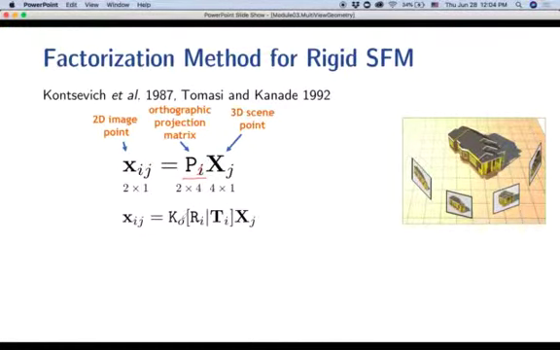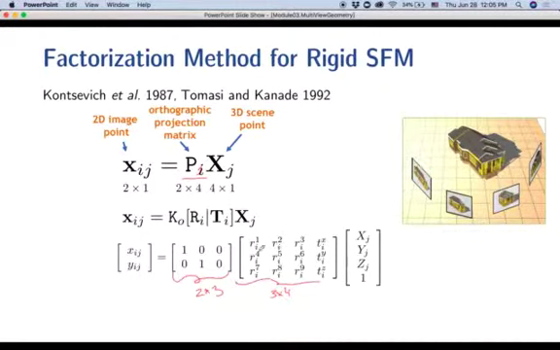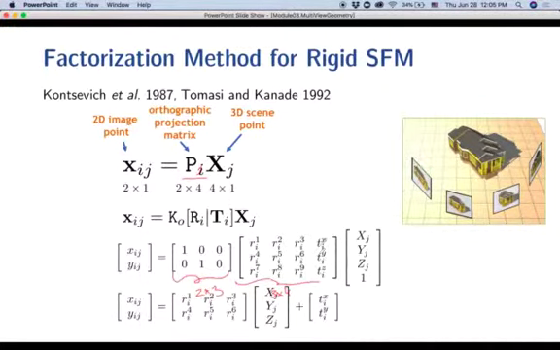So here I've written a 2x3 times 3x4, which gives me a 2x4 matrix Pi. In fact, we saw this also: I can make this into a P3 vector and then write translation as an addition. And then I realize that I don't even need the third row of this extrinsic matrix. So this is also a form we saw before. x_ij, y_ij is simply the first two rows of a rotation matrix times X, Y, Z plus T_X, T_Y, the X and Y components of translation. The Z component doesn't matter.